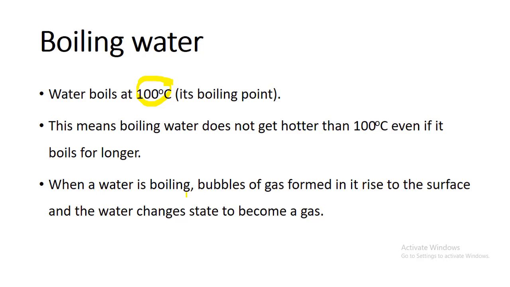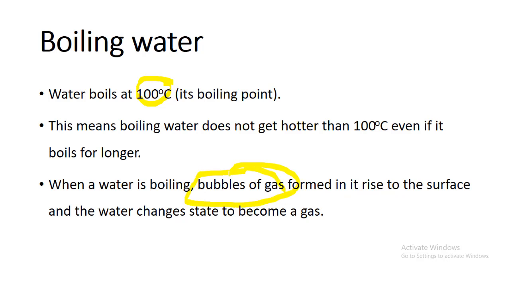So when water is boiling, bubbles of gas formed in it rise to the surface. How do you know that this water is boiling? That's my question. You have boiled water before, right? But how do you know that this water is boiling? It's because of this.